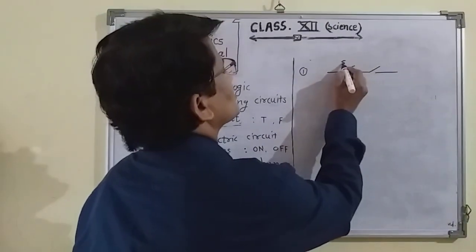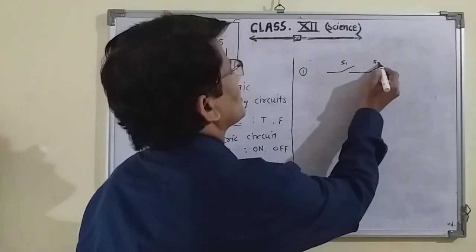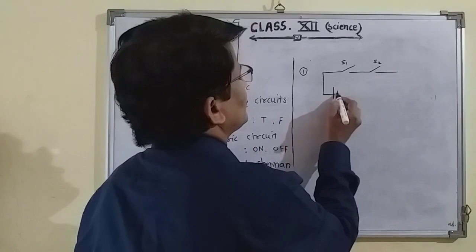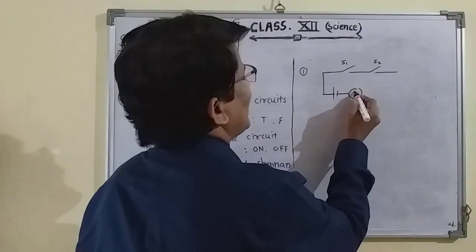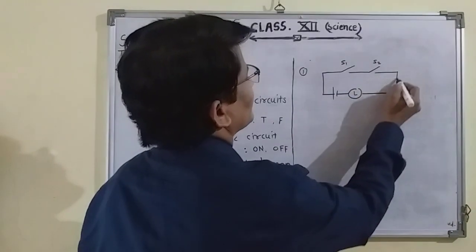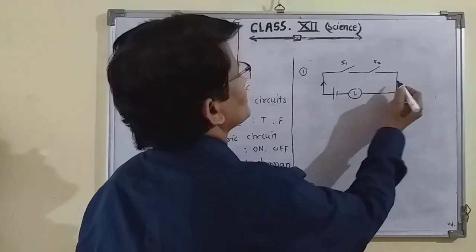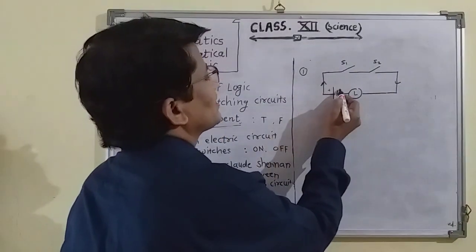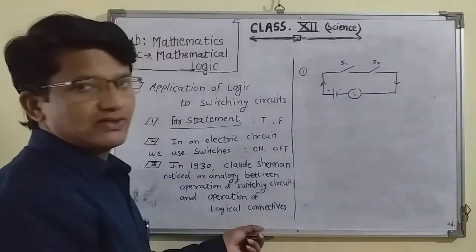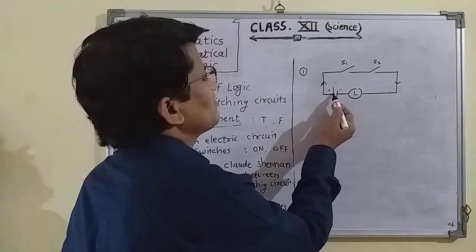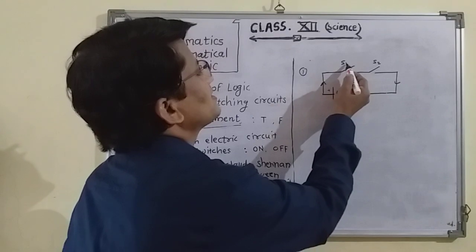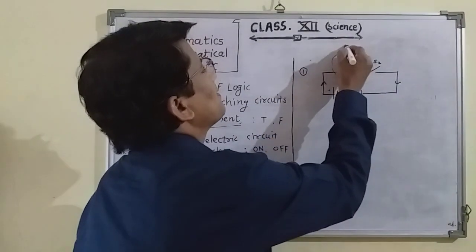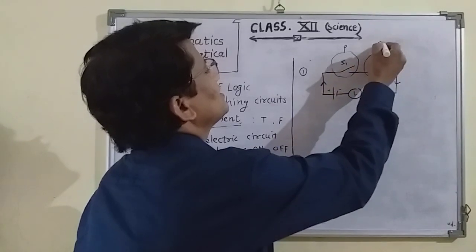Here switch S1 and switch S2, here is a battery, here a lamp, and here again connected like this. Here a plus sign, here a minus sign. Now see, current flows from this battery up to this, and this S1 is closed. Suppose this is P, this is Q.